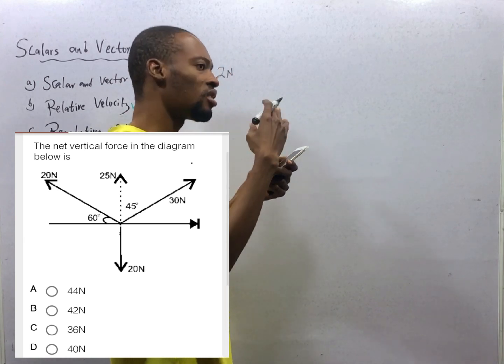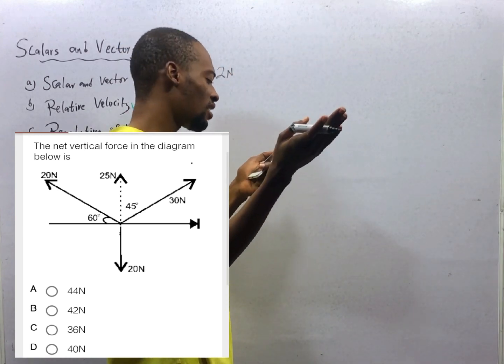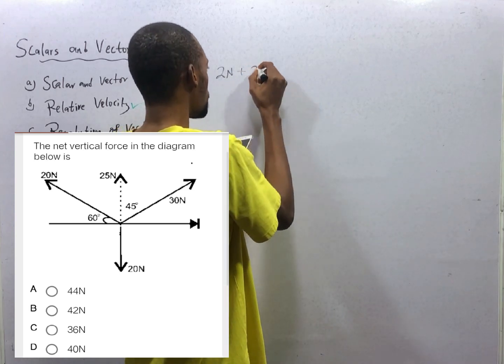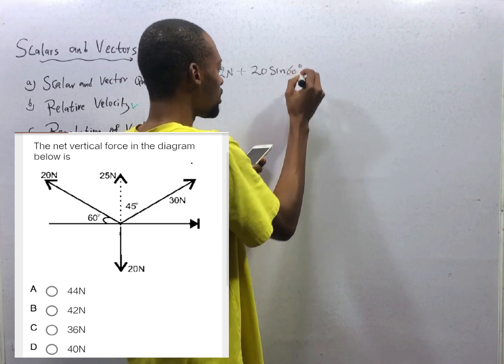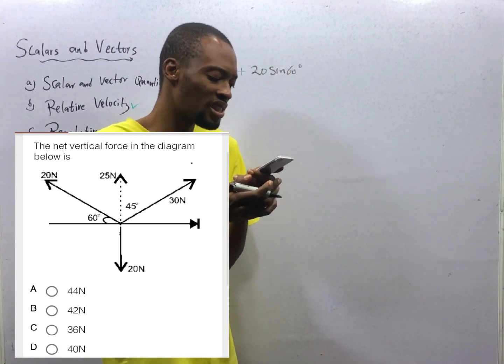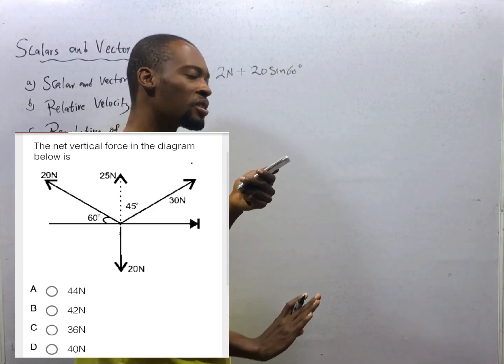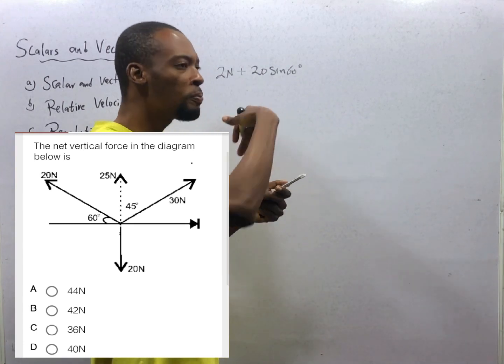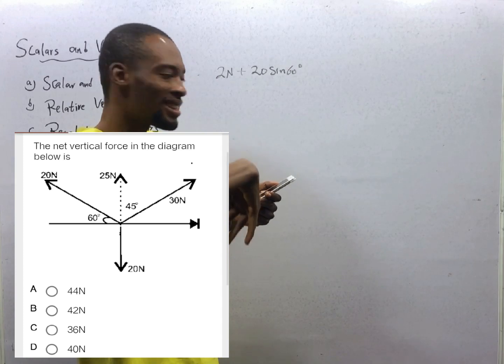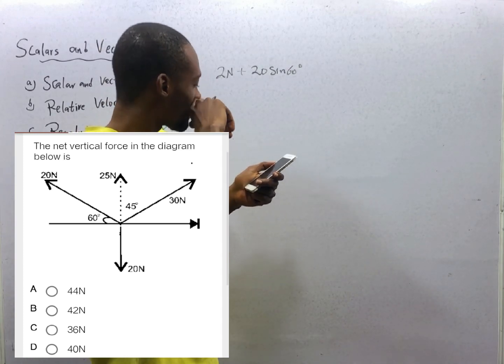Resolving 20 Newton to the vertical will give you plus 20 sine 60 degrees, because the 20 Newton is acting towards the horizontal. To resolve it to the vertical, it is sine. We are opening the angle. Opening of the angle is sine.